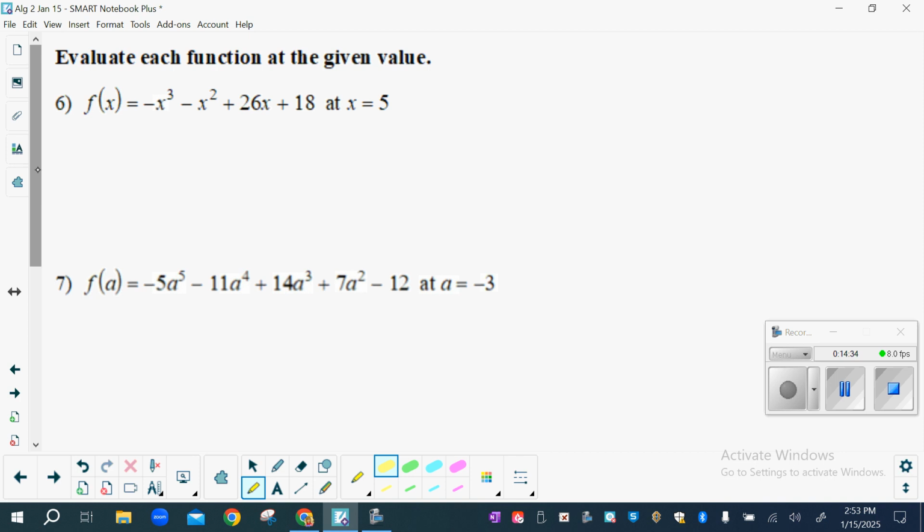So we want to evaluate the function at the given value. How do we do that? Well, we just said plug in the 5 into the x's. So let's do it.